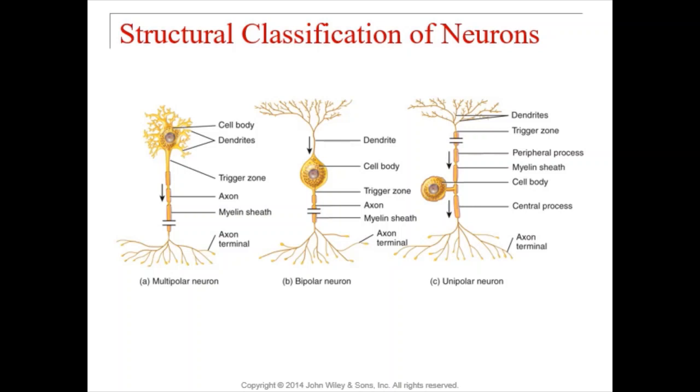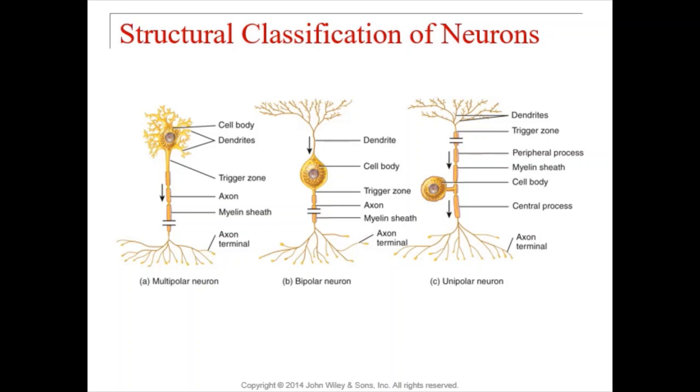Starting off with a multipolar neuron. By definition, a multipolar neuron has one axon and multiple dendrites. That's all it means to be a multipolar neuron. You have one axon and multiple dendrites, as you can see in the picture. Then there's a bipolar neuron.